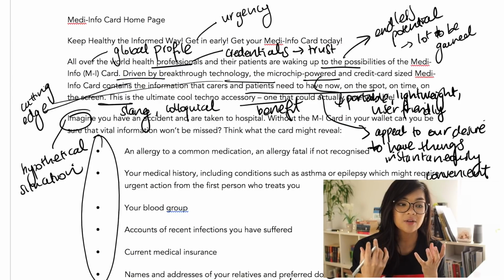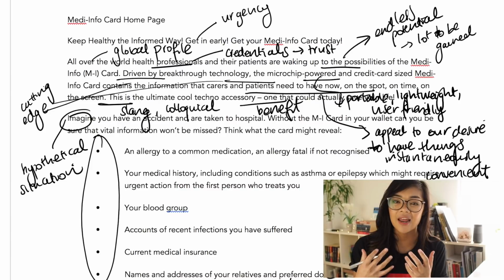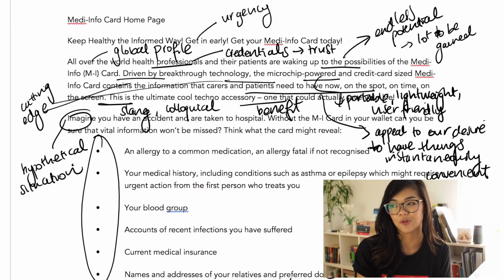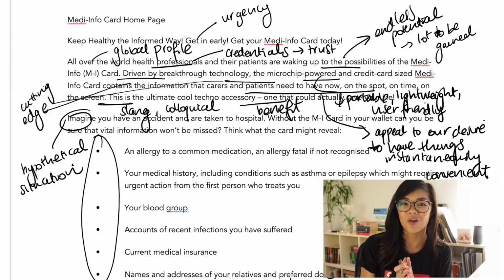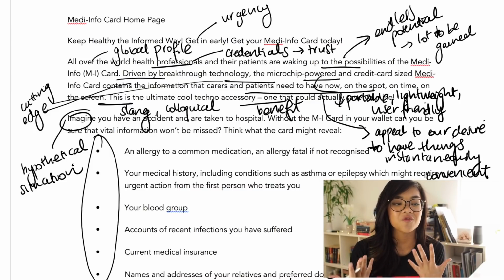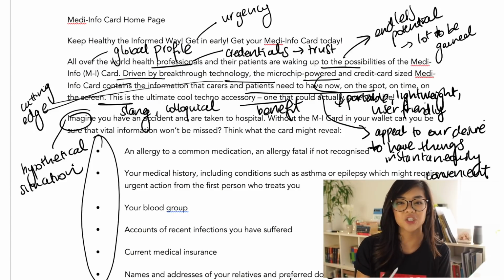It's trying to get readers to see that the MI is a valuable tool and it has benefits that readers just cannot ignore. And just, you know, between you and me, it could also appeal to our sense of FOMO. FOMO is not something that you would write into your essay itself, but there's this fear that if you don't have it, well then what could potentially happen? It could be really bad.